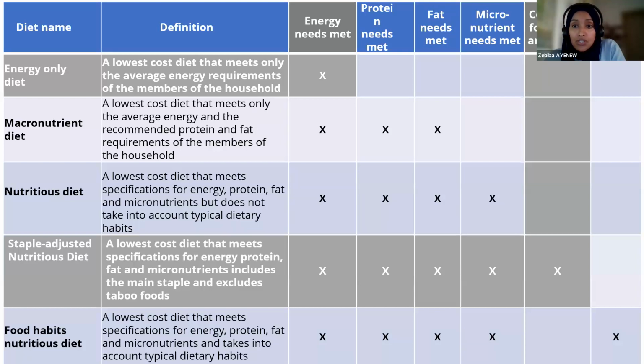This is a matrix Aurelian earlier mentioned that shows the different types of diets that are calculated within the software as a default, but also highlighting in gray the types of diets that the Fill the Nutrient Gap analysis focuses on.